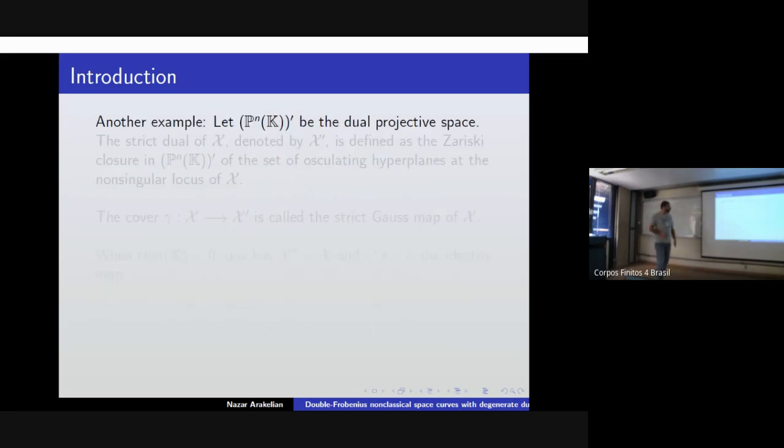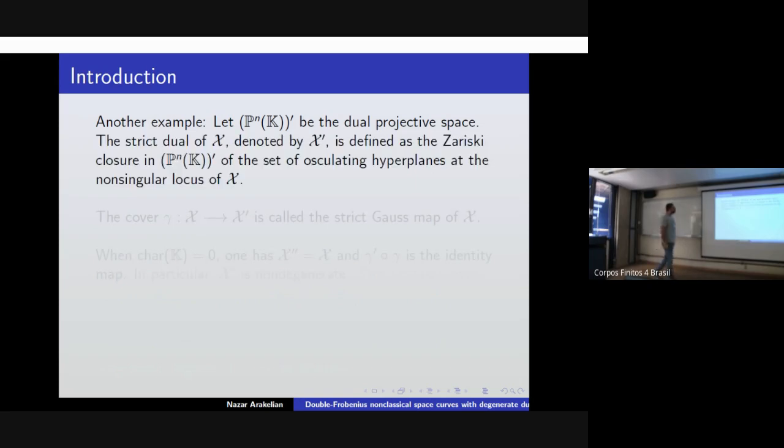Okay. Another example is if you consider a dual projective space. The points of this space correspond to hyperplanes in Pn. So to each hyperplane, you have a corresponding point in what we call the dual projective space.